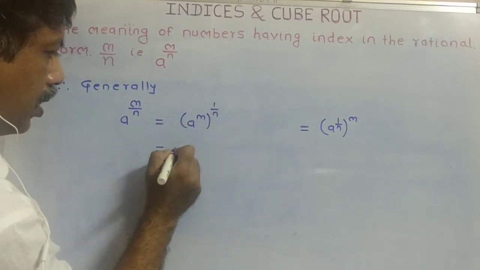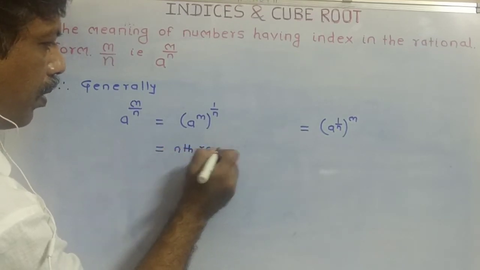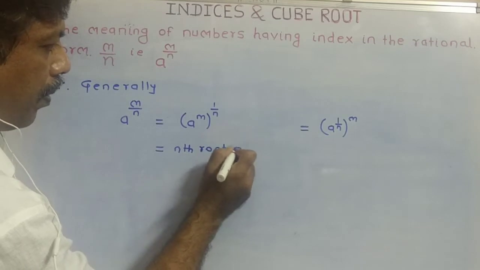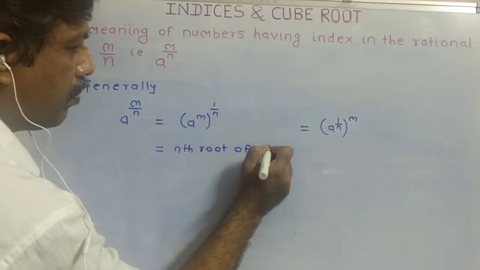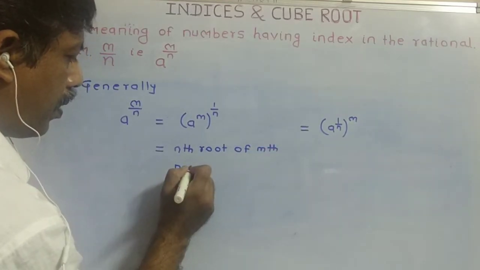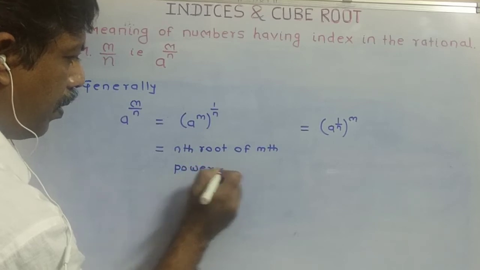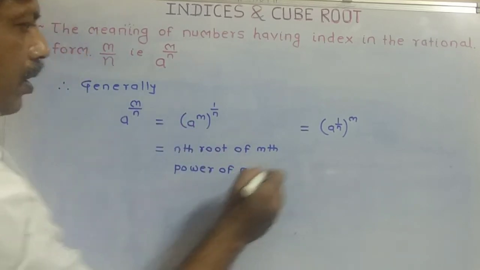Start from here, that is the nth root of m power of which number? That is equal to a.